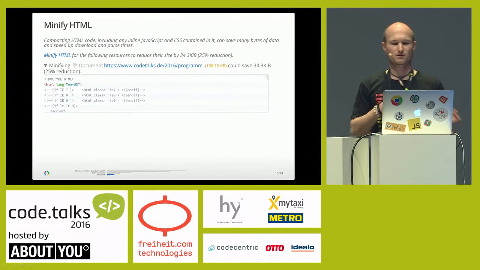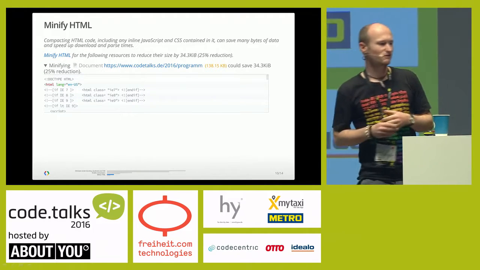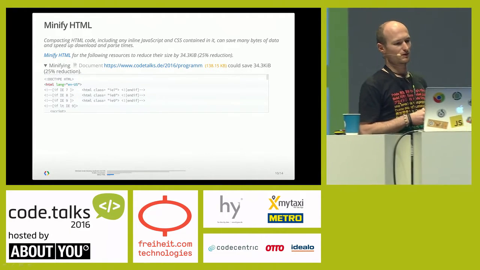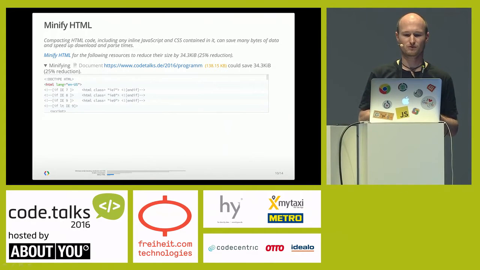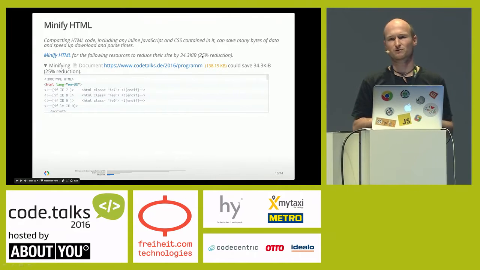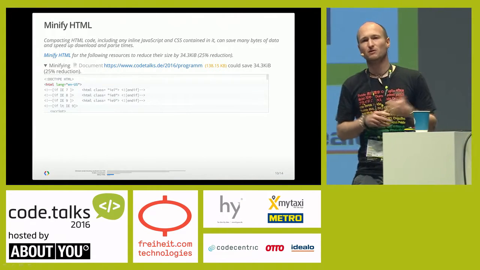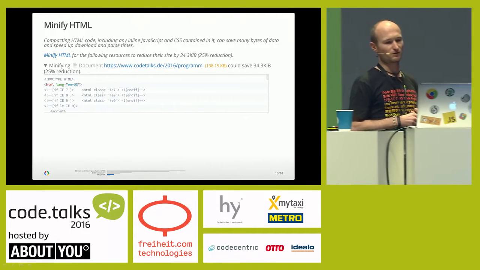And then also minifying or uglifying the HTML. That's relatively advanced. There are some tools out there that can do that. Again, it's a 25% reduction that is possible by uglifying the HTML code. So that's also something that might be worth it.